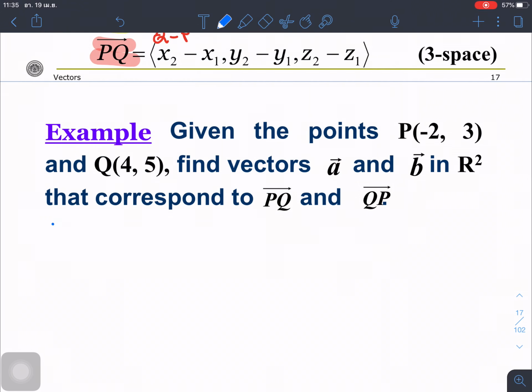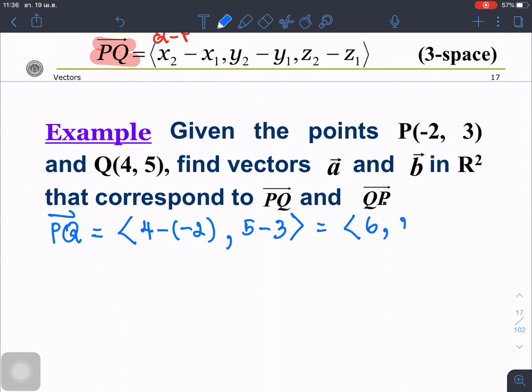So if you want to find PQ, remember you have to do Q minus P. So it's going to be the vector 4 minus -2, where 4 is from Q and -2 is from P, and then 5 minus 3, 5 from Q and 3 from P. And then you just compute it. So you get 6 and then 2. That's the vector you want. Vector (6, 2). All right.